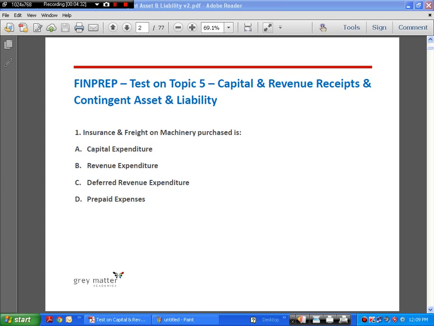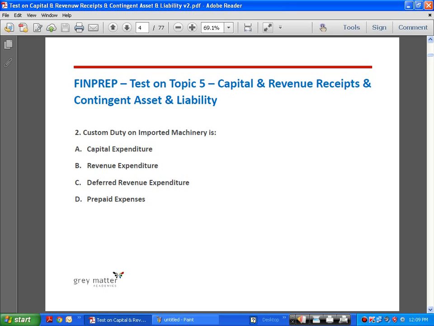We will not be debiting insurance account or freight account, because we are not treating it as a revenue expenditure, we are treating it as part of the cost of the machinery. As I told you, in this example 1,30,000 will be subject to depreciation year after year. So the answer to the first question is A, capital expenditure.